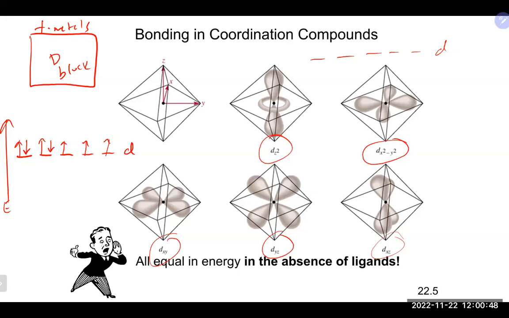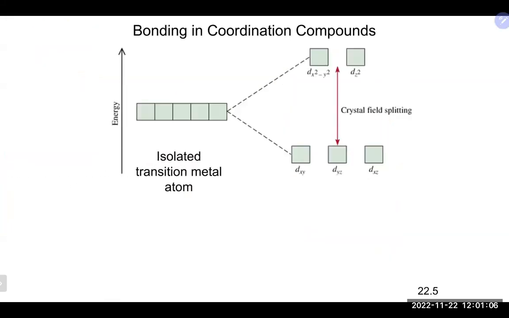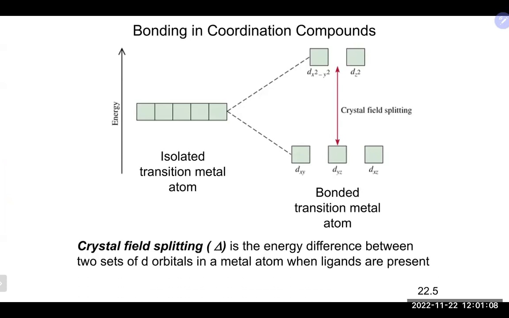So in the absence of any ligand, we would expect our electrons to populate the d orbitals like they normally do. But when we start to get some ligands attached, there's actually some separation between the different d orbitals. In the absence of our ligand, our d orbitals are equal in energy.